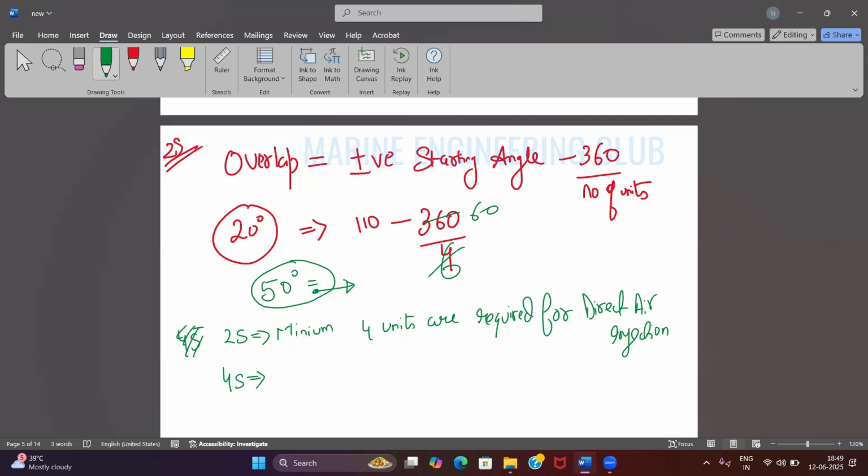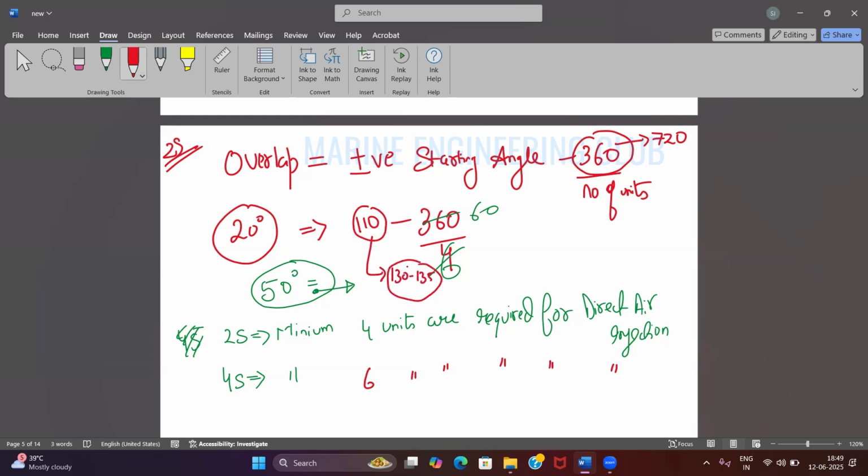Now for 4-stroke, the minimum number of units required is 6. Why? Because now it will be in 2 revolutions, so this will become 720. And the positive angle for 4-stroke is in the range of around 130 to 135.